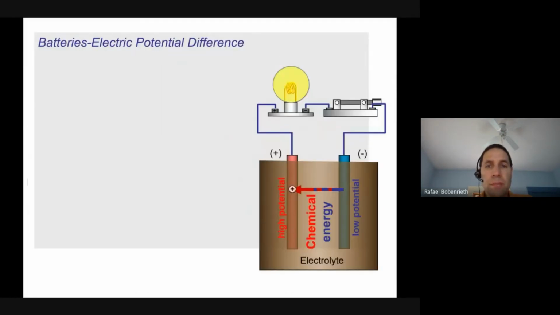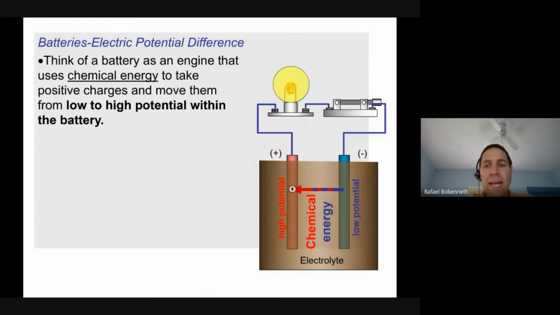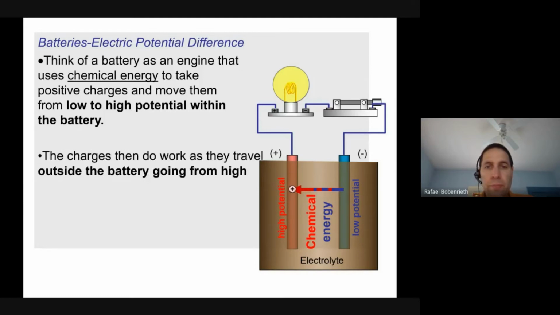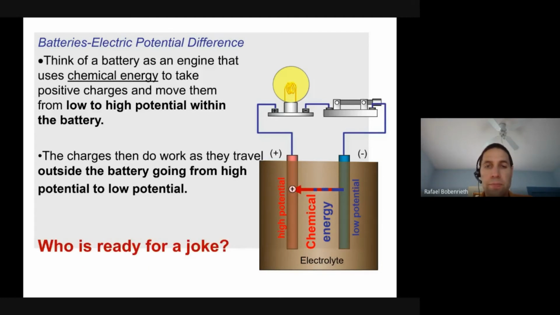Again, you can think of the battery as an engine that uses chemical energy, and it takes those positive charges from low potential and moves them to higher potential. Then those charges are able to continue traveling through the circuitry. And remember, potential difference is the work done per unit charge. So they will do work as they travel through the circuit, going from high potential to low potential.